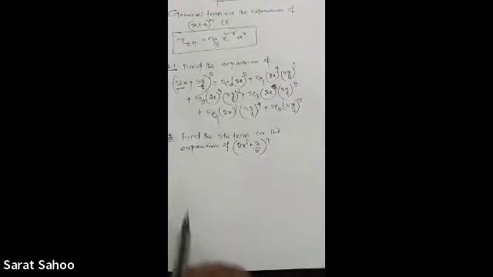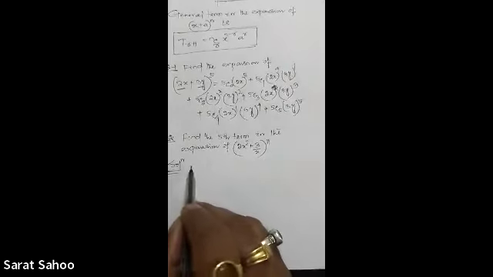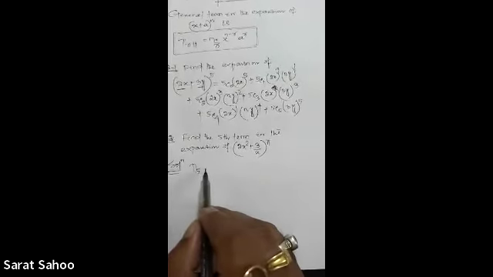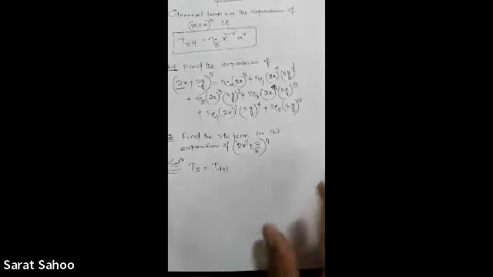Okay. We have to find the fifth term, T5. T5 can be written as T4 plus 1.